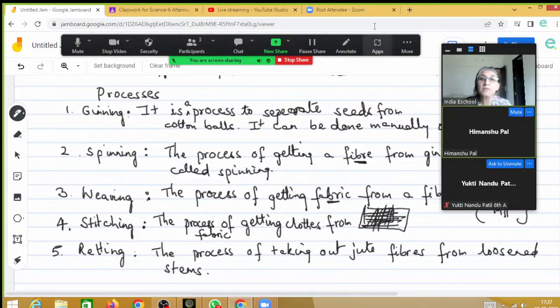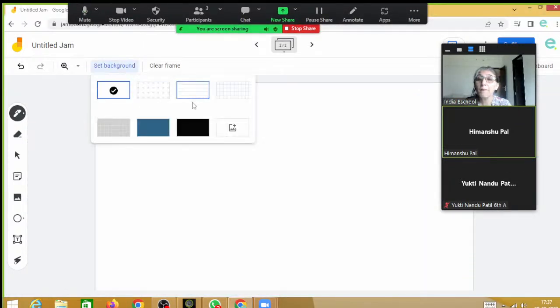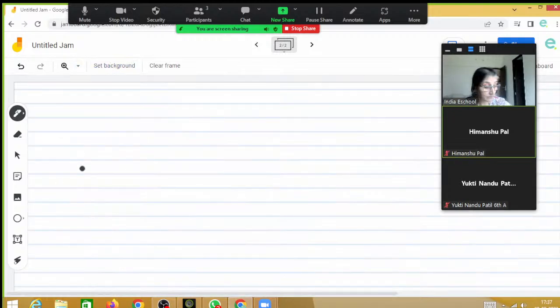Saluot. Write it down. Jute leaves are called saluot. Saluot. क्या spelling थी?